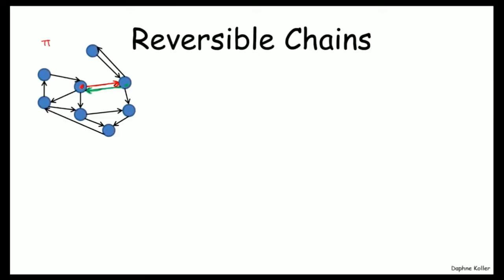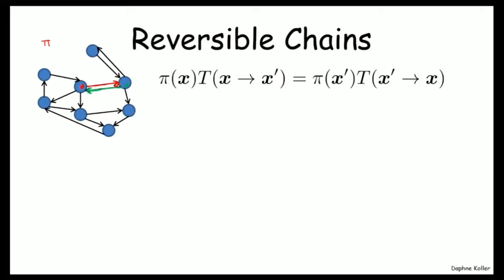That is, if picking I and then traversing to J occurs with the same probability as picking J and then traversing to I. So written in mathematical notation, this tells us that pi of x, which is our red state, times the transition along the red edge is equal to the probability of x prime, that was my green experiment, times the probability of transitioning in the opposite direction.